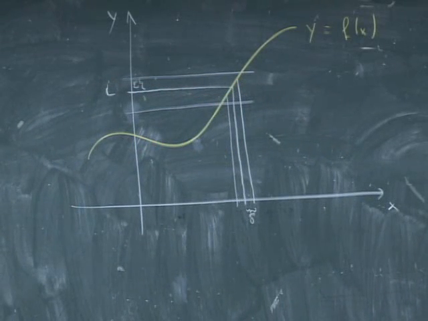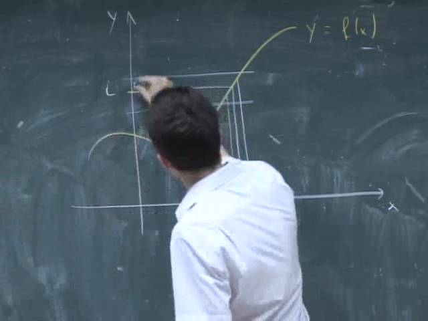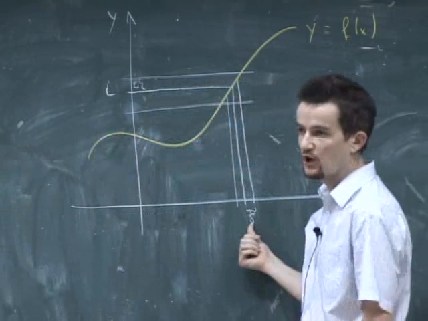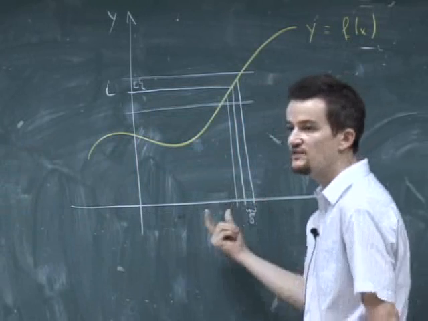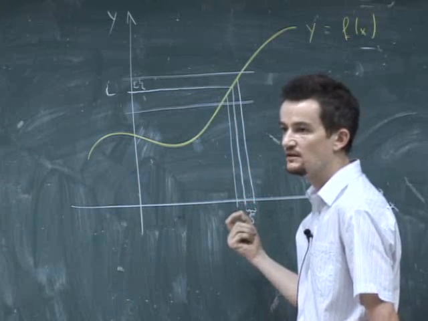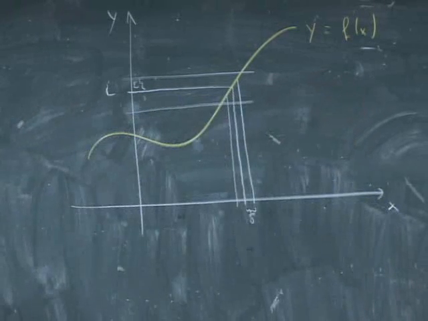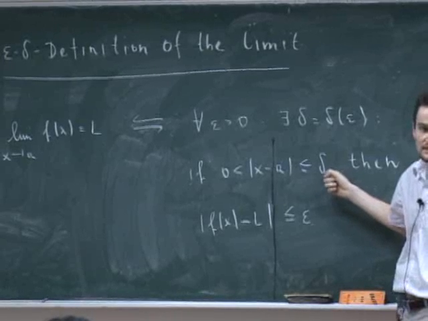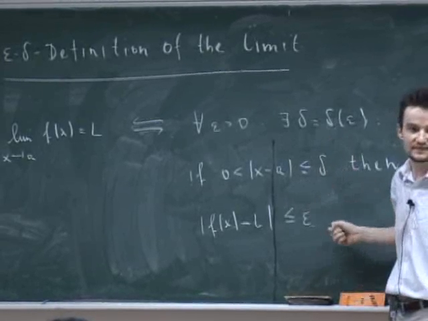Okay. So for instance, this delta here, for this epsilon, will do the job, will work. But you can choose, of course, any smaller delta. It's also okay. Once you have found the delta, you can choose any smaller delta, and this will also satisfy this definition.